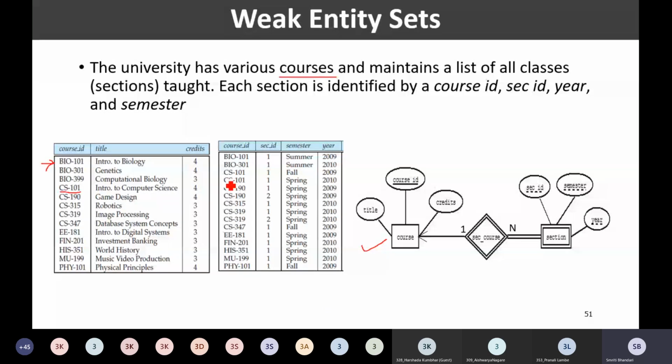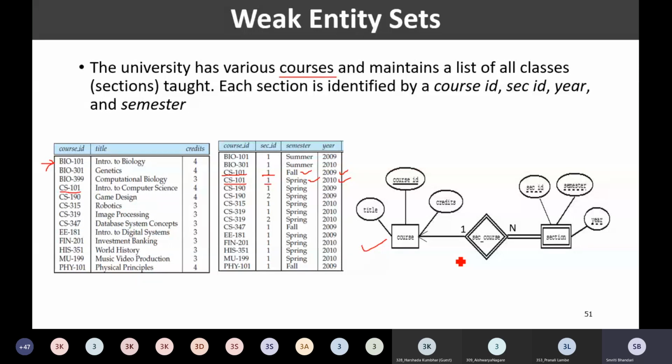See here, I have course say CS101. Belonging to this course CS101, we have section ID 1, section 1. This section 1 is taught in semester fall 2009. Also, the same section of the same course is also taught in spring 2010. So if I'm storing this information in some other entity set, I need to distinguish these sections from one another.